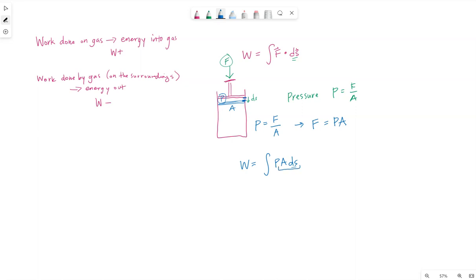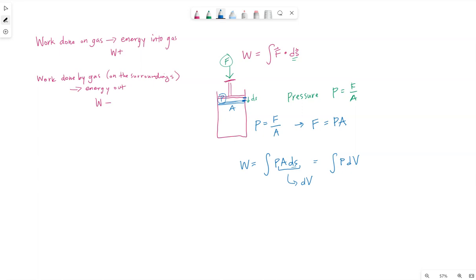Well, if I take the cross-sectional area and multiply it by a very small change in height, that ds, this actually represents dV, meaning the small change in volume. We can say work is the integral of pressure with respect to volume.